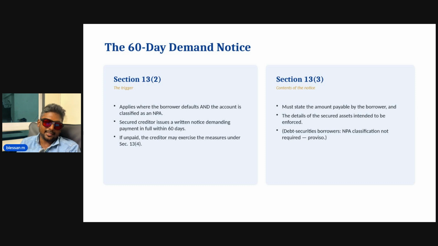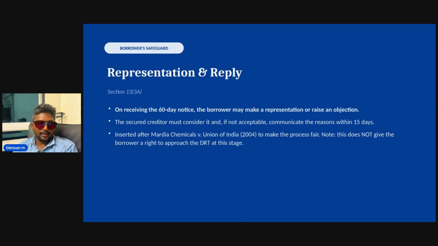You have to see whether it has been properly issued or not, and the details of the secured assets, and if it is debt securities, about the borrowers, and all these things are very important. So it has to include the details of the secured assets, the details of the loan, the details of the borrower's outstanding dues. All this must be properly stated in the demand notice.